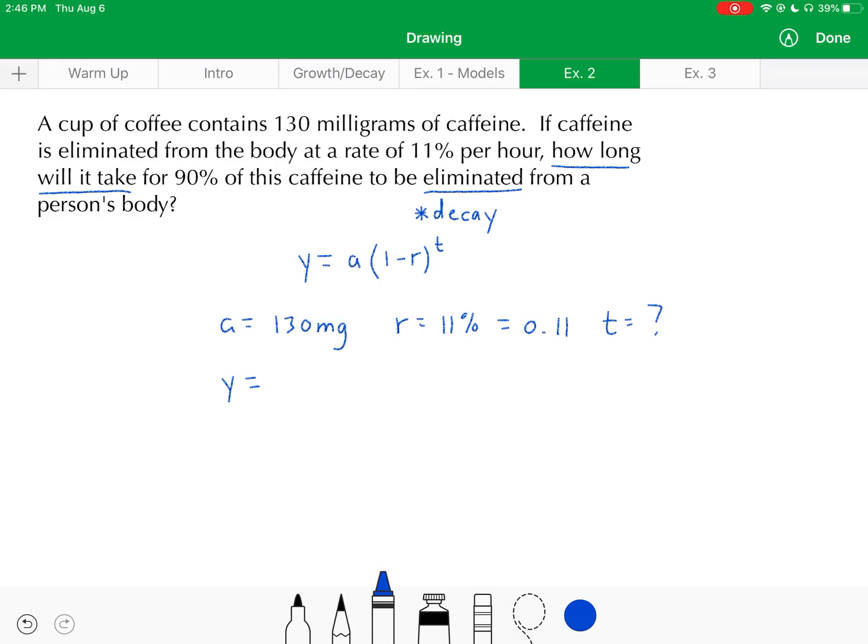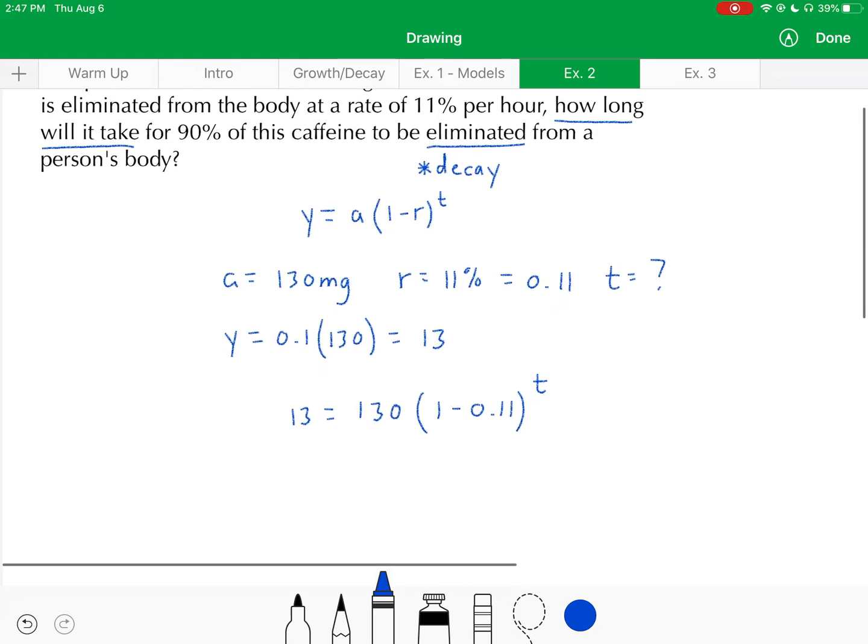So I'm going to take 10% or 0.1 of 130 milligrams, and that would be, of course, 13 milligrams. All right, so substitute everything into our model here. 13 for Y, 130 for A, 0.11 for R, and then we're solving for T here.